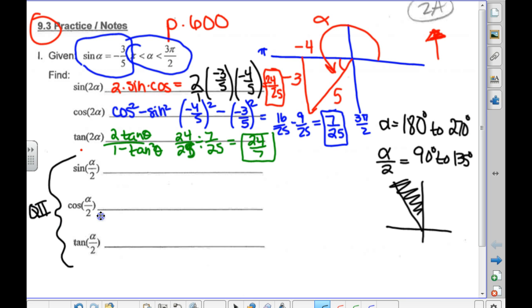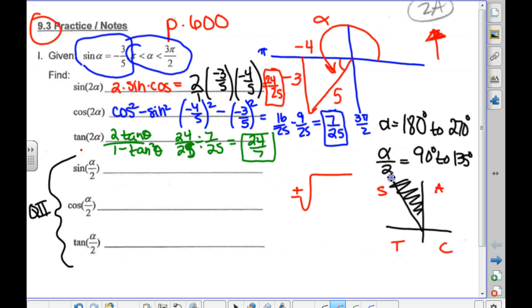Okay? Why do I care? Well, guess what? The formulas for these all say plus or minus, and you have to determine by the quadrant whether it's positive or negative. That's part of your assignment, okay, is to determine that. The sign in the second quadrant would be positive for sine. If you need to remember this, all students take calculus.